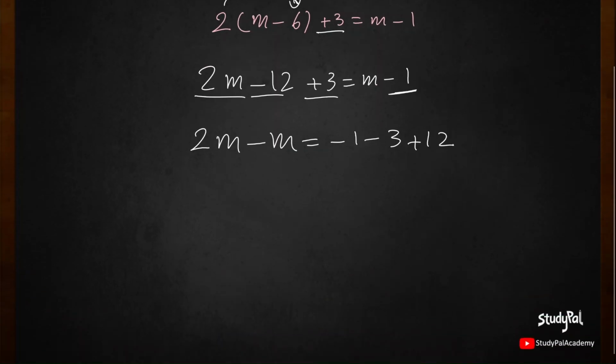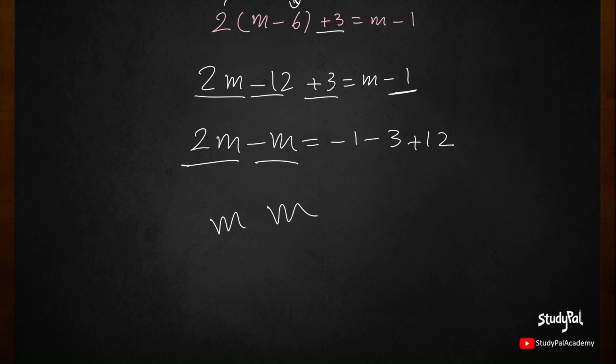So now what we have, 2m minus m will be 1m. 2 of something minus 1 of that thing, you have only one of them. For example, 1m here, 1m here, this is 2m, and minus m means just remove one of them and you end up with only 1m.